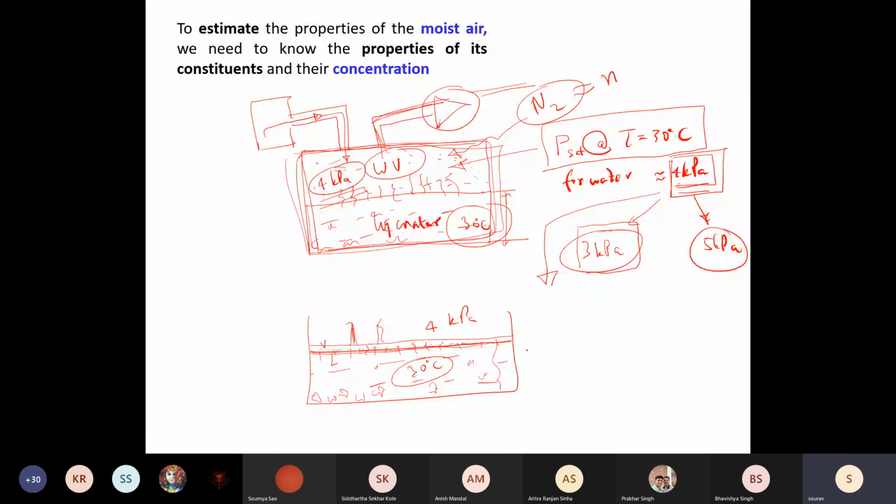So boiling will happen when your total pressure becomes equal to the saturation pressure at whatever temperature this liquid is.